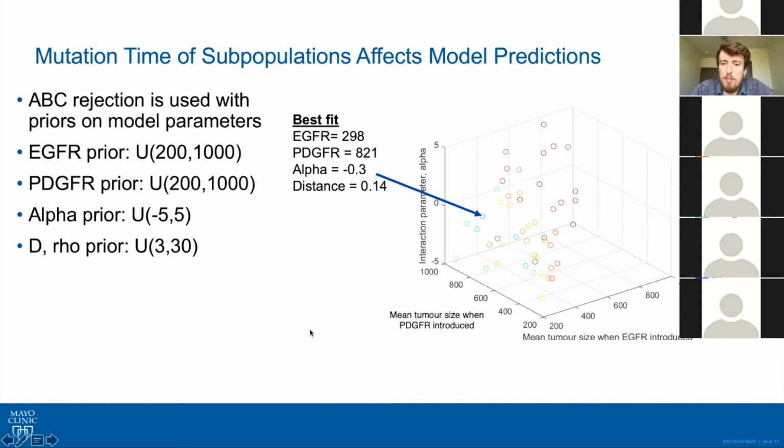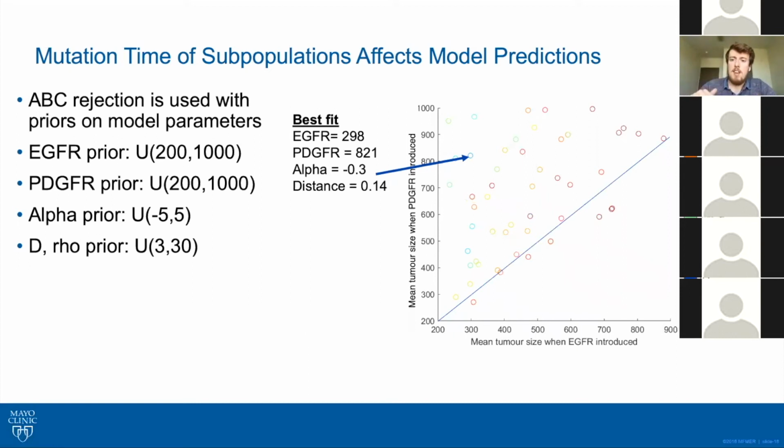If we look at this from a different angle, ignoring the z-axis, just smushing everything down, we see that a lot of our accepted simulations that were below the threshold in our ABC rejection cluster in regions where PDGFR is introduced later. So we think this is a little promising that EGFR might be an earlier mutation in our data.